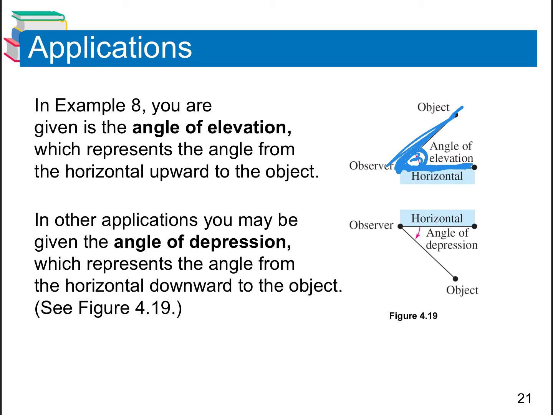The angle of depression is a little bit different. You can look at it the same way, but you have to think about this. If I make my right triangle here, and I have an angle of depression, my angle of depression is from my line of sight, my horizontal, to the quote-unquote top of my triangle. So if they tell me here that the angle of depression is 35 degrees, that's not my theta.